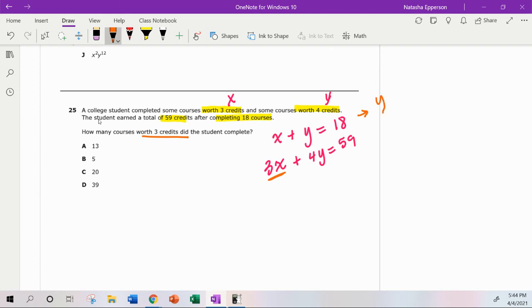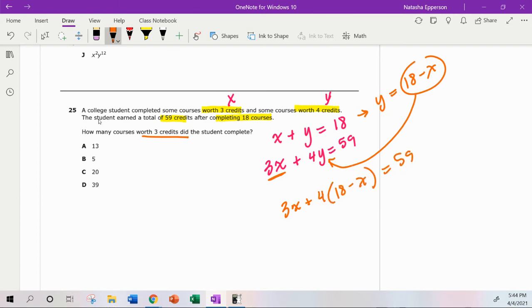All right, so this is going to become y is equal to 18 minus x. Now I'm going to substitute this 18 minus x in for y. So this is going to become 3x plus 4 times 18 minus x is equal to 59. I'm going to go ahead and distribute.